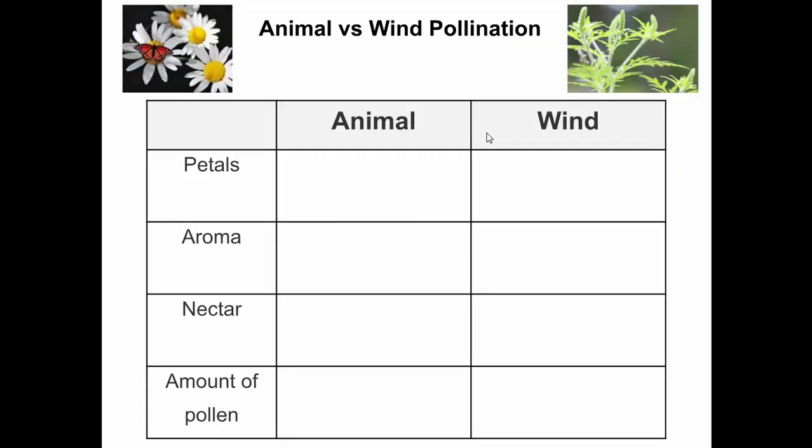So, just sort of in summary, animal pollinated flowers, what do you expect from their petals? They can be bigger, larger, colorful. Wind pollinated flower petals, smaller, usually small.